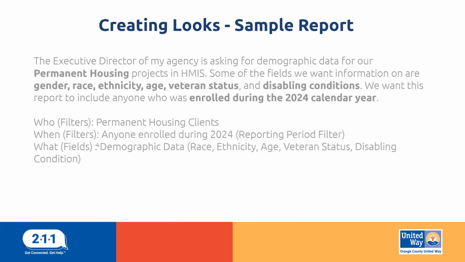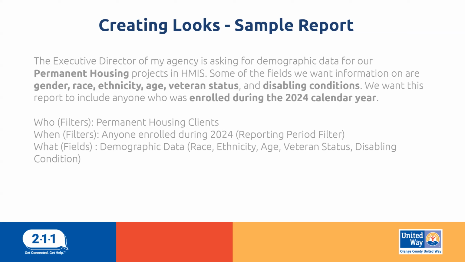The next filter that we want to make sure we use is the when. In this example, we are looking at anyone who was enrolled during the 2024 calendar year. So that indicates what we're going to use for a reporting period filter. And then the what, which is the fields that we're going to be clicking. We're looking at demographic data: gender, race, ethnicity, age, veteran status, and disabling condition.